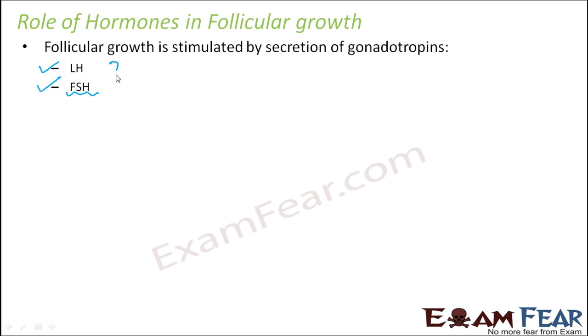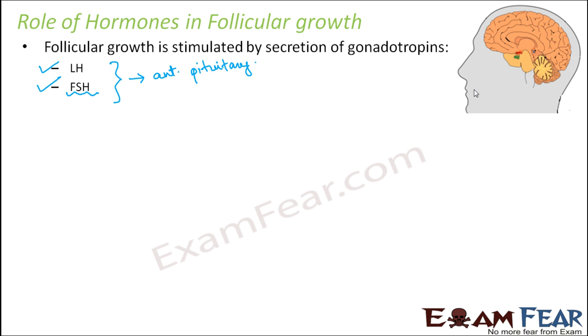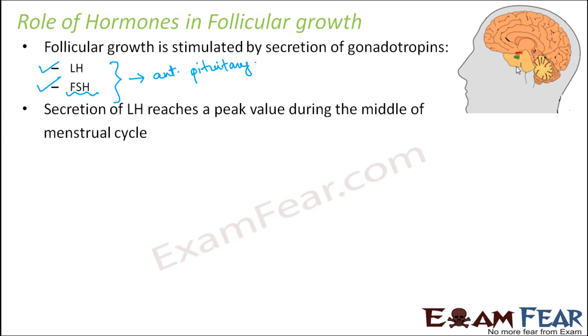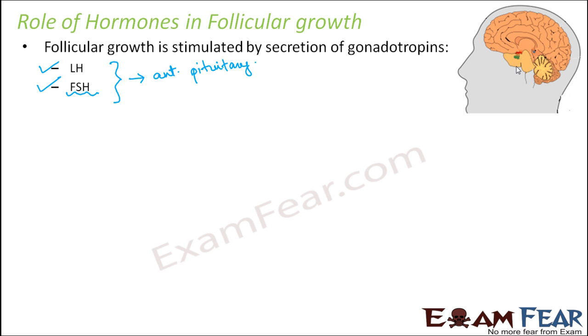Now the question is, who releases these hormones? We all know that these hormones are released by the anterior pituitary gland. Now who tells the anterior pituitary gland to release these hormones? The instruction to the anterior pituitary gland is given by the hypothalamus.